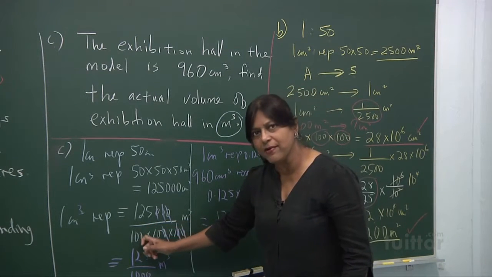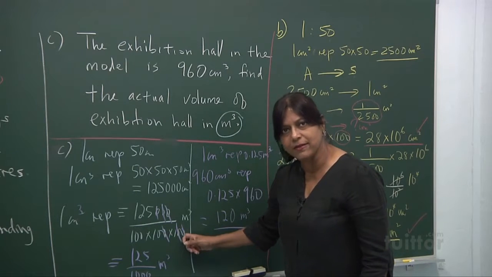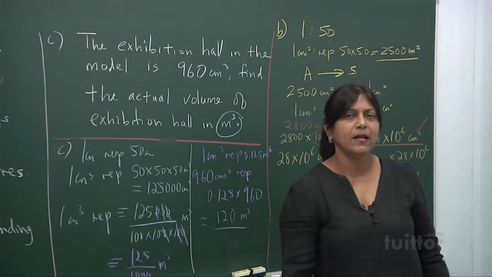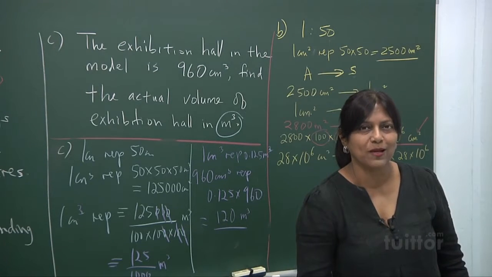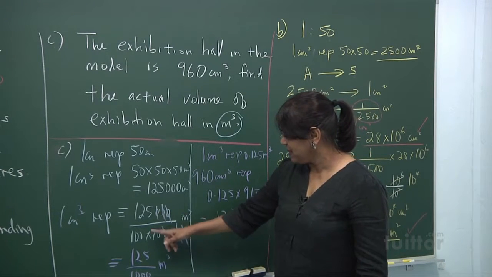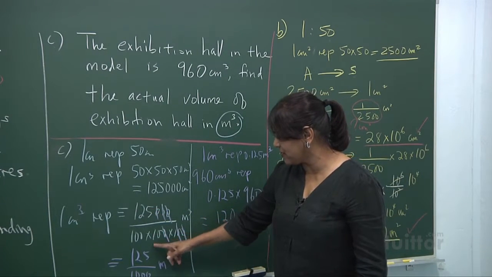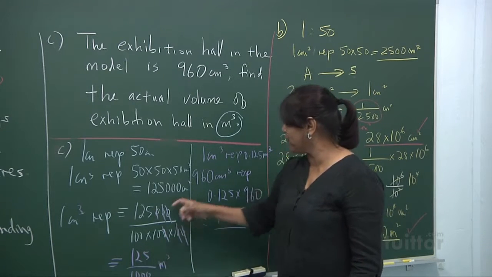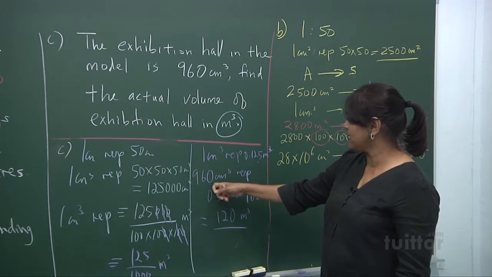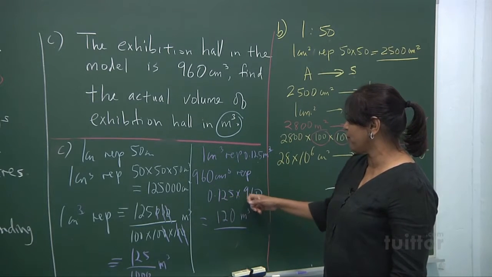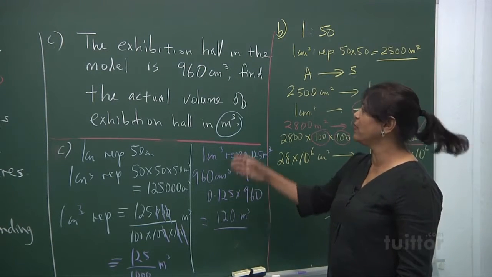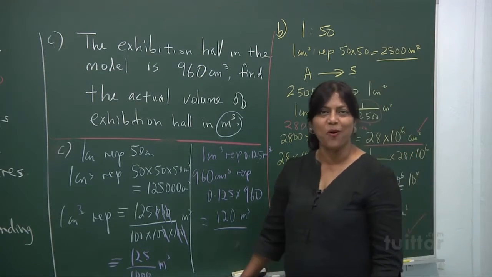You divide by 100, 100, 100. That's where you have to be very careful. Some of you tend to just divide by 100. It's not a length, it's a volume. So you got to remember that, please. So take off the 3 zeros here. You get 125 over 1,000, and then simplify it further, you get 0.125 meter cube. So for 960, you multiply 0.125 by 960, and that is the volume of this exhibition hall.